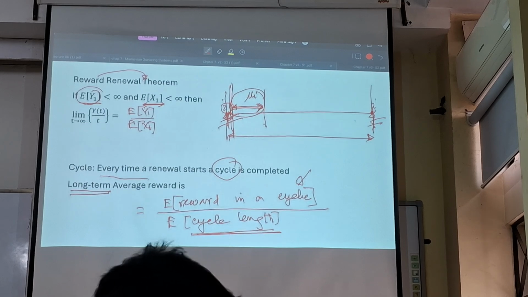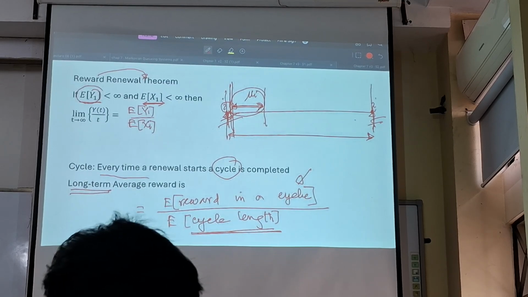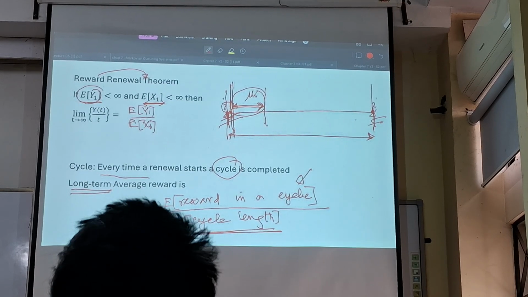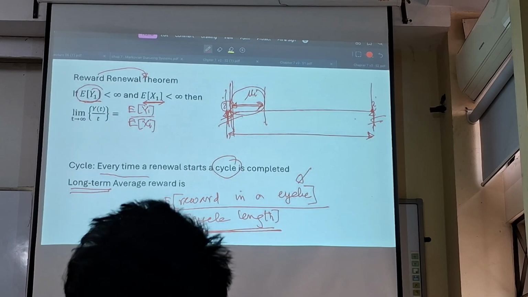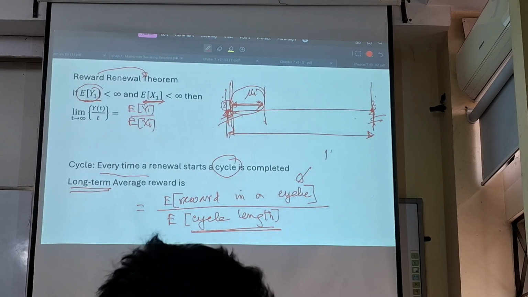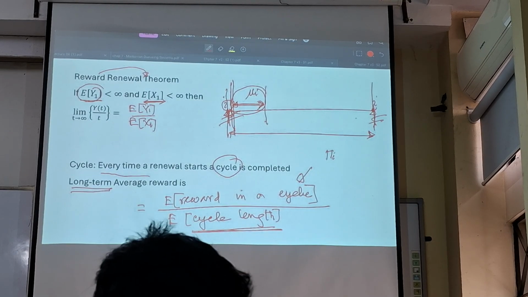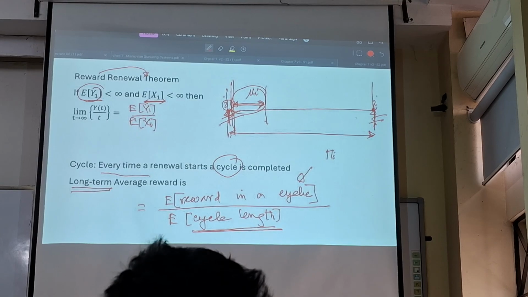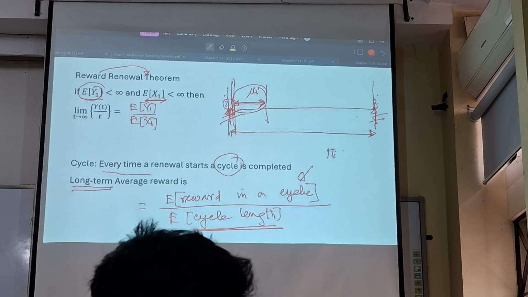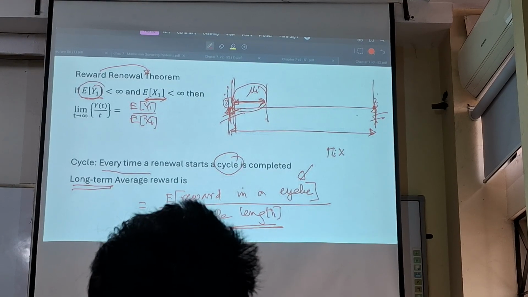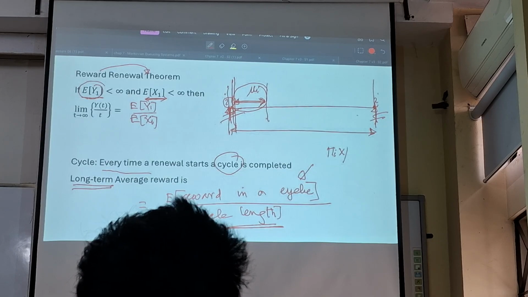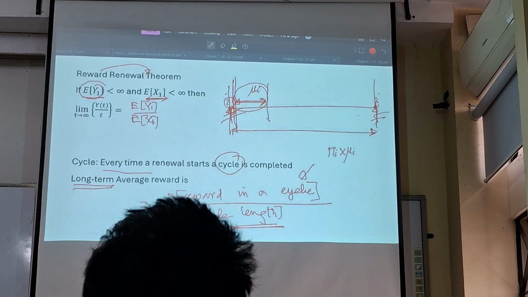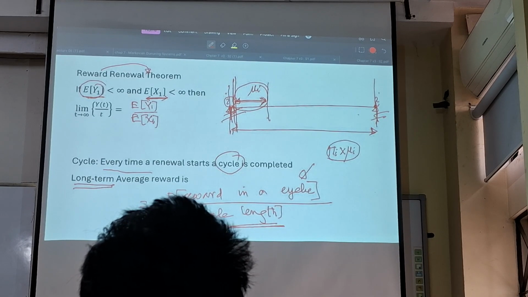What is the fraction of time the process will visit a state I? The fraction of time in the long run the process will visit a state I is what? And each time the process visits I, what is the average amount of time the process will stay in state I? So what is this one?